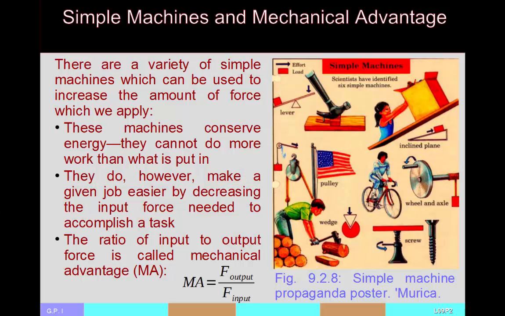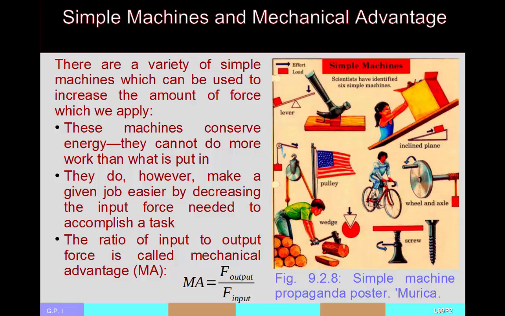I wanted now to discuss the concept of mechanical advantage and how it applies to a variety of simple machines. So a simple machine is basically a device which you can use to increase the amount of force which is applied to an object. So basically it's a force amplifier, if you will.